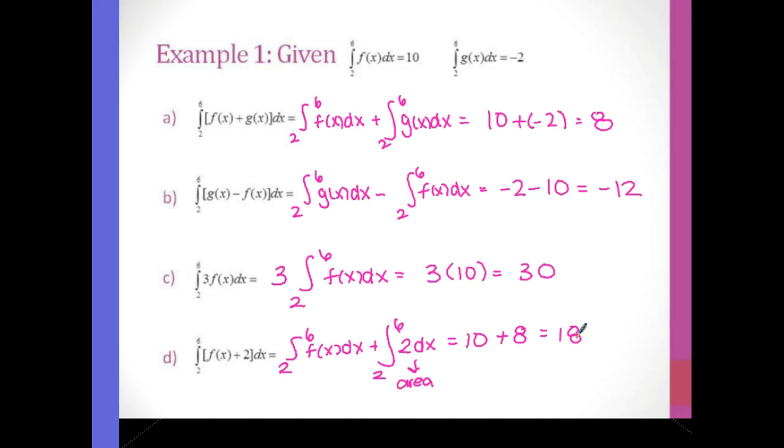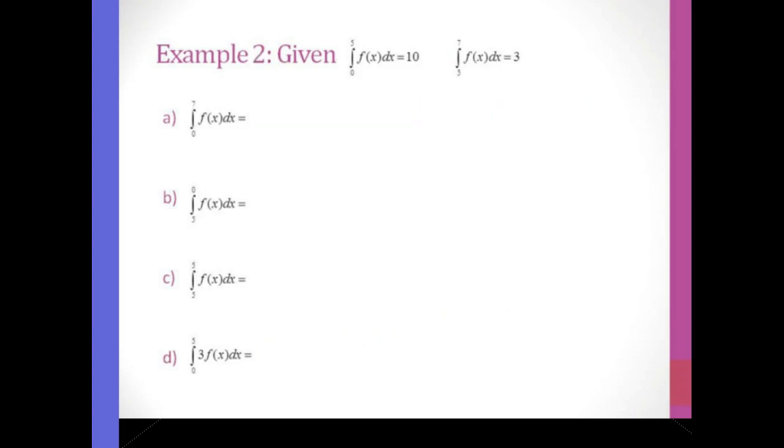Let's look at a second example. So now we're given two different statements. We're given the integral of f of x dx is 10 from 0 to 5. And we're given the integral of f of x dx is 3 from 5 to 7. What would the integral of f of x look like from 0 to 7?